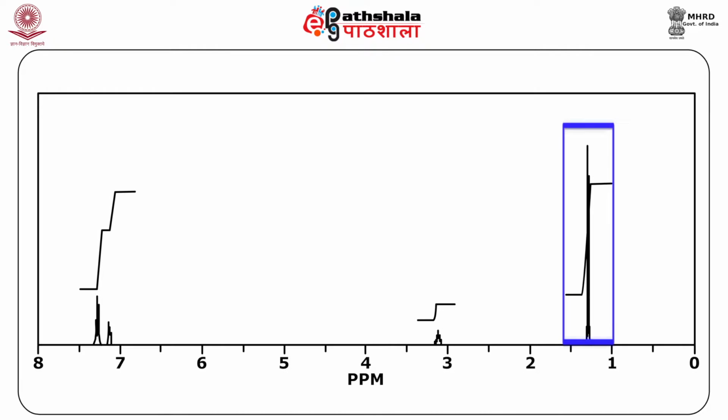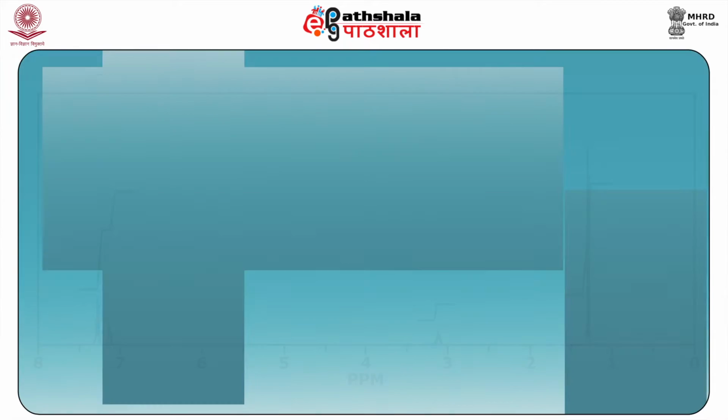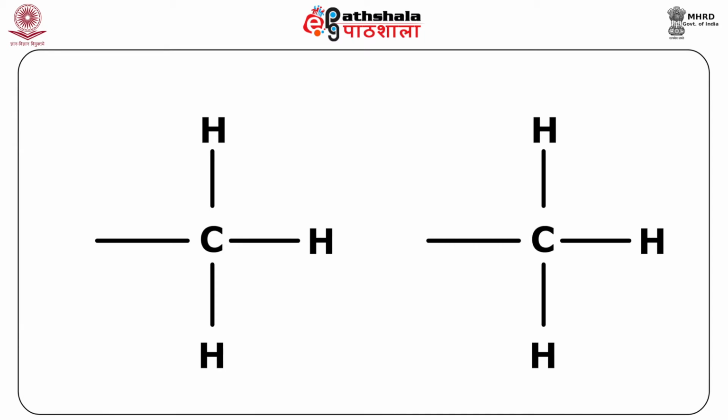The other peak is a doublet that integrates for 6 hydrogens. A carbon can't have 6 hydrogens coming off it. So obviously what you can make out is that there are 2 symmetric 3-hydrogen groups, and you can make 2 methyl groups out of this, and they are in a chemically equivalent environment in this NMR.